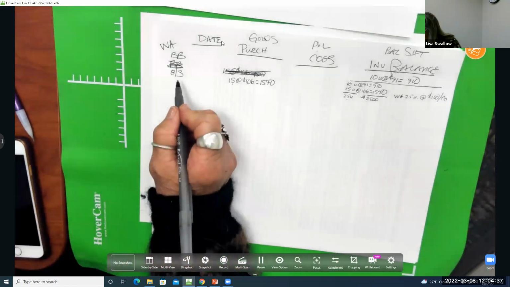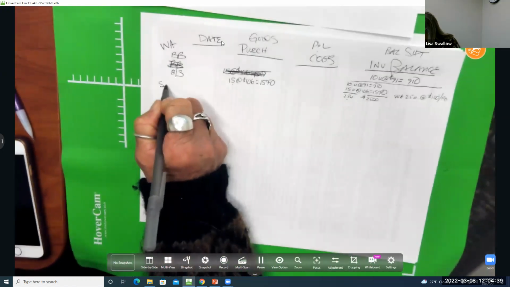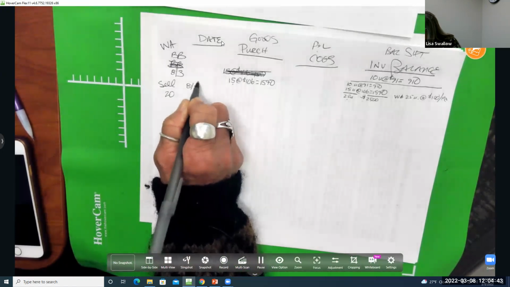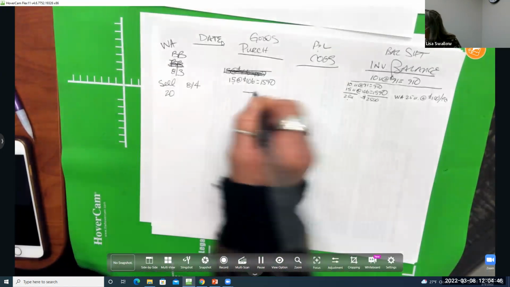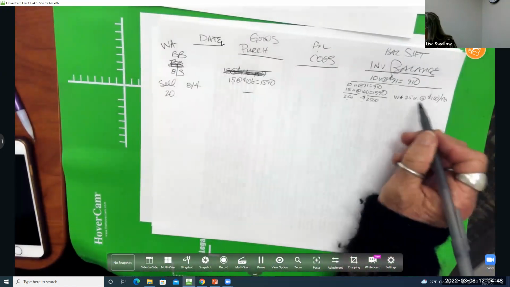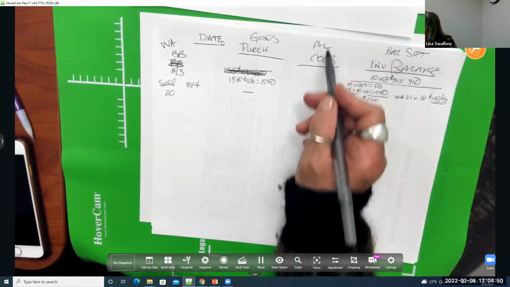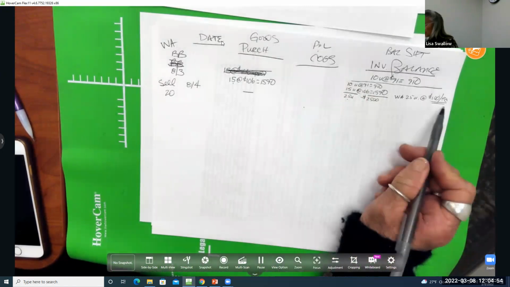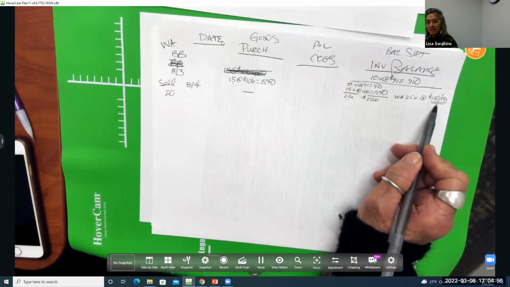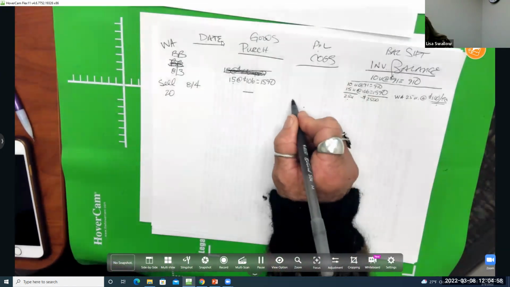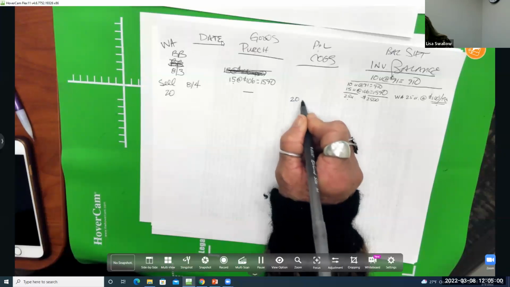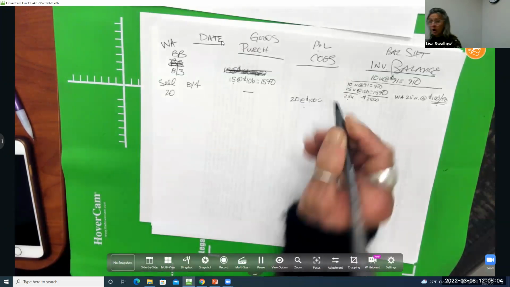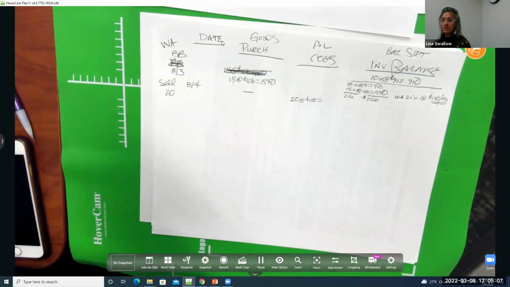So next thing that happens, remember we sell our 20 on August 4th. I didn't purchase anything. Here's where you're going to use this. My cost of goods sold is this weighted average I just calculated. I sold 20 bikes at $100 of cost flow each.